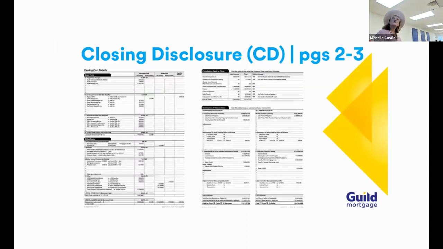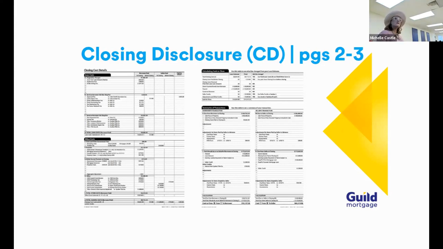The closing disclosure itself looks real similar to the LE. There's just a little bit of difference. There's more details on the closing disclosure than there was on the LE. Some title companies will put all of the seller fees on the closing disclosure. Some of them are using their own form to disclose all the seller stuff.